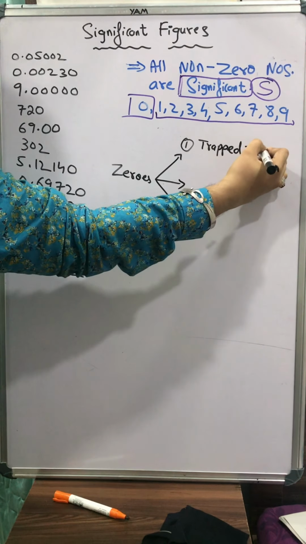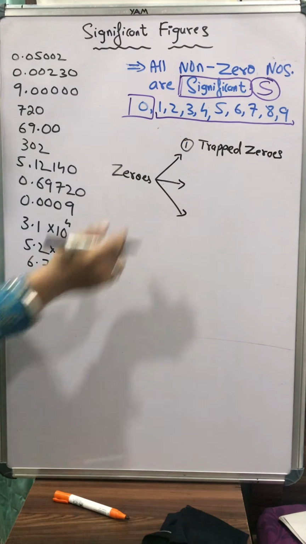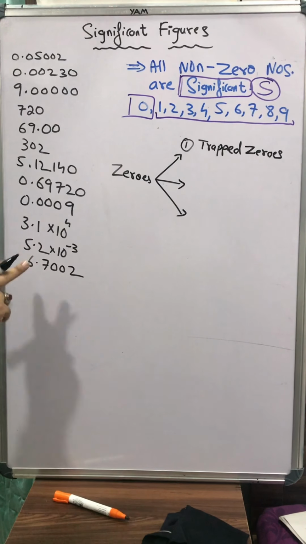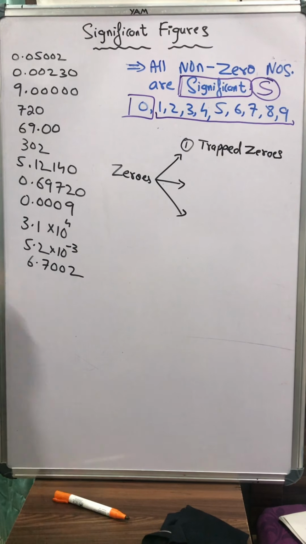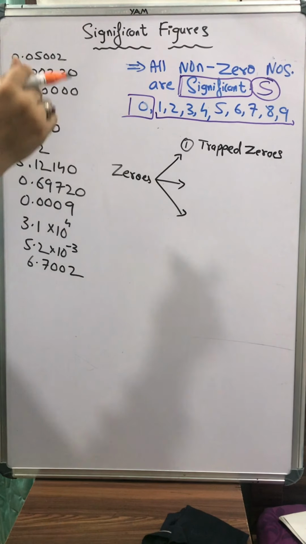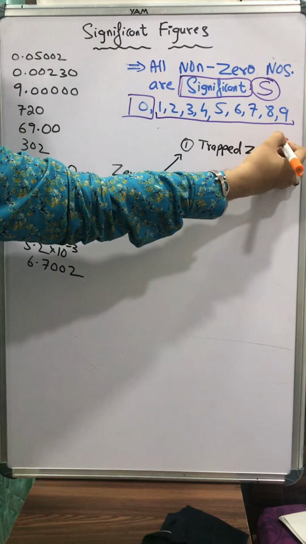Trapped zeros. Example for this is here. See, these 2 zeros are trapped between 2 significant figures, 7 and 2. So whenever we have trapped zeros, students, those zeros are counted, those zeros are considered as significant figures.